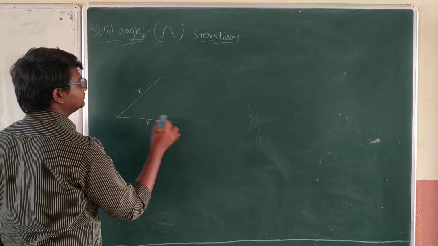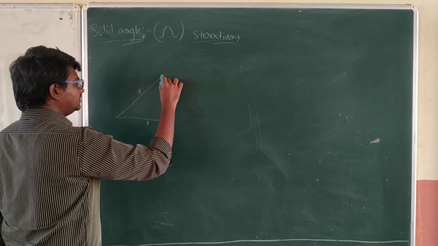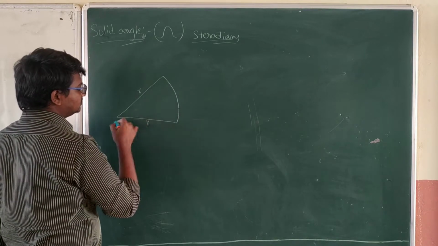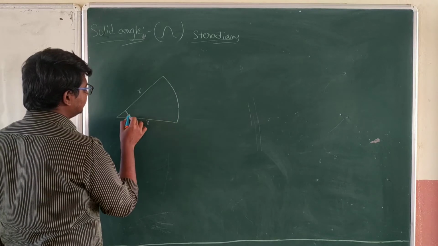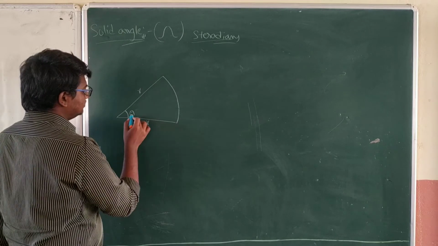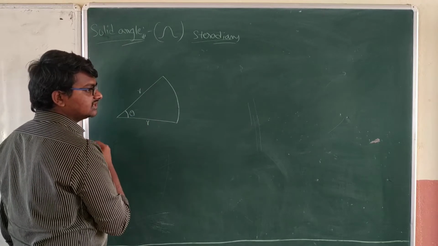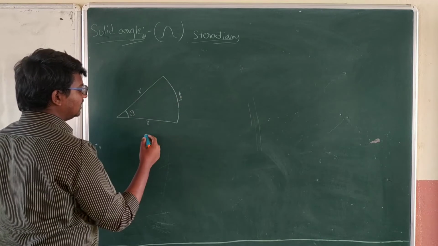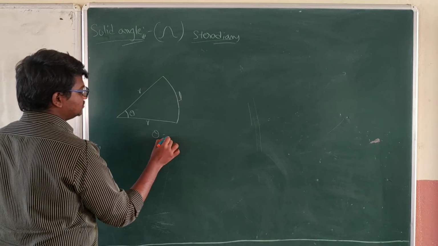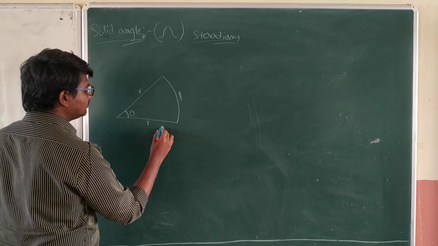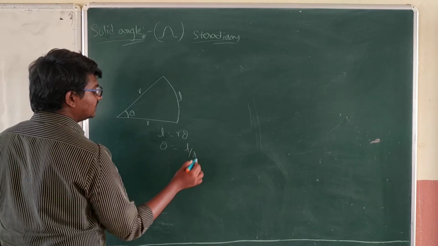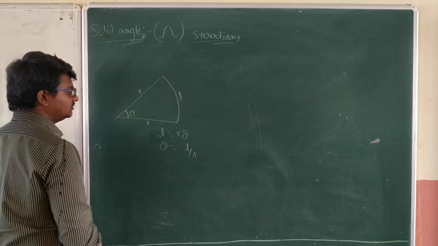Consider R and R. If these two make an arc like this, making an angle theta, we know it's a sector. It's a sector, and this is an arc of length L, and we know L is equal to R into theta. Then theta is equal to L by R. Theta equals L by R.